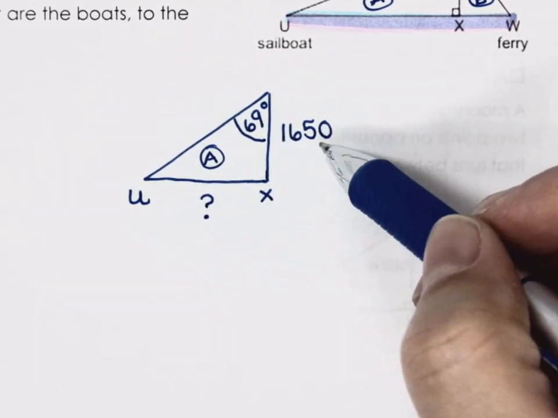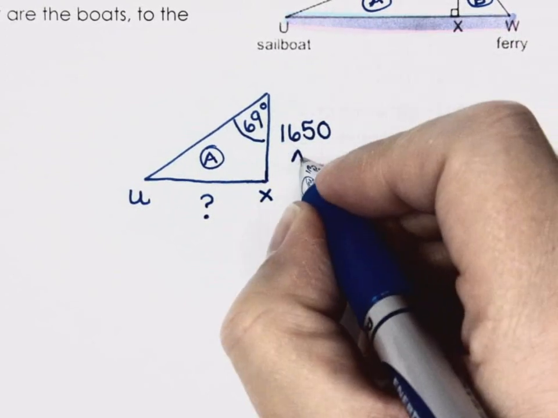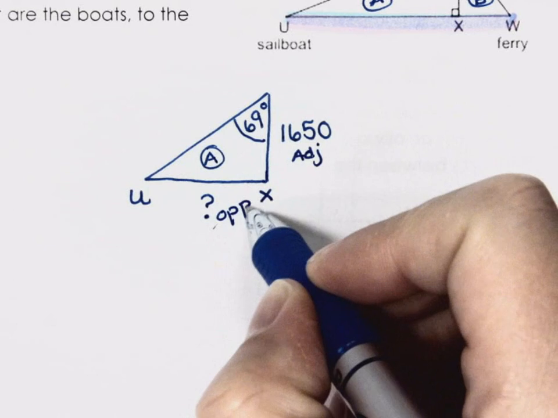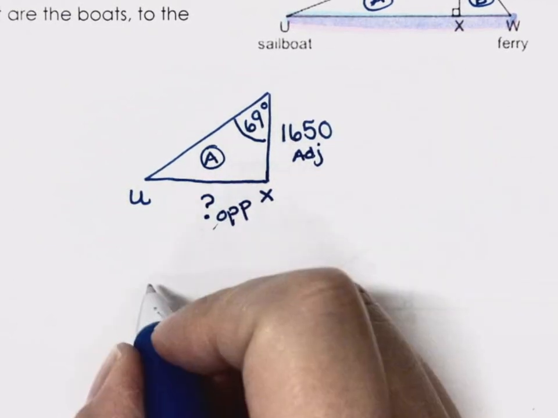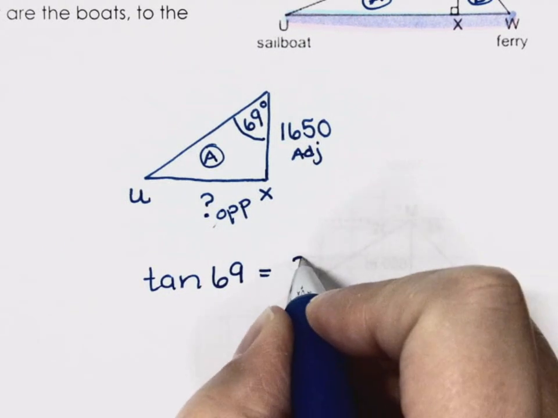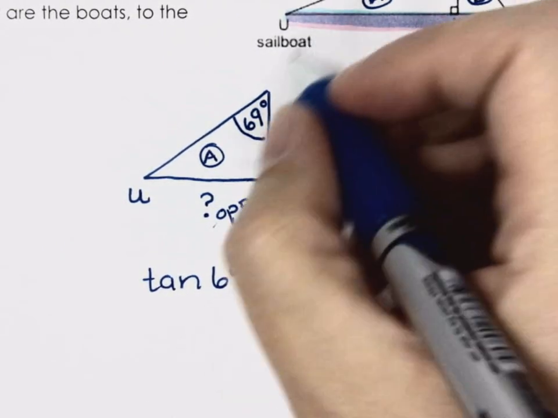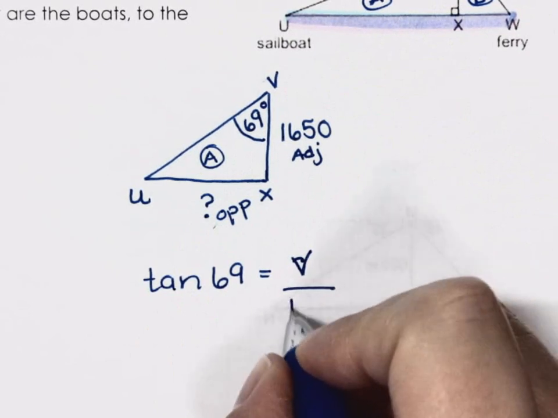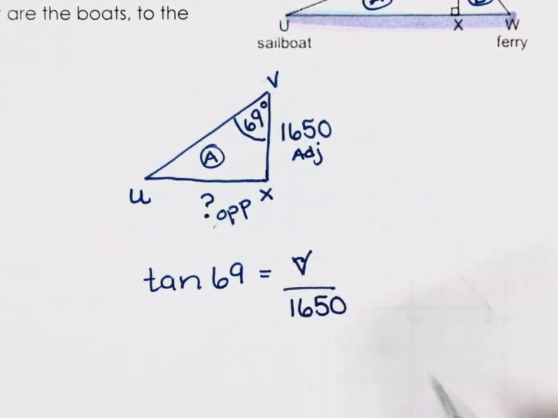So this side is my adjacent, and this side is my opposite. So I'm going to be using tan. So tan of 69 equals opposite, which is side, we'll call that side V, over the adjacent side, which is that.